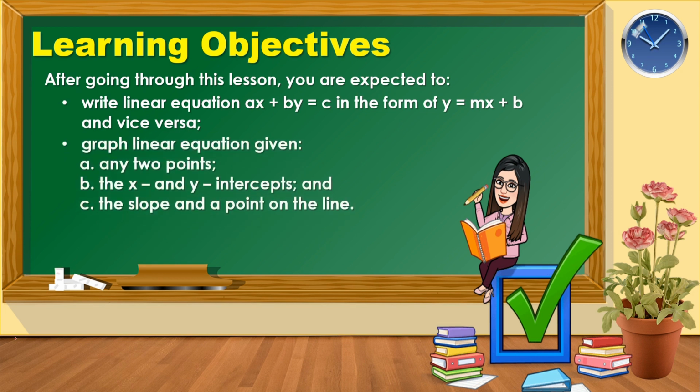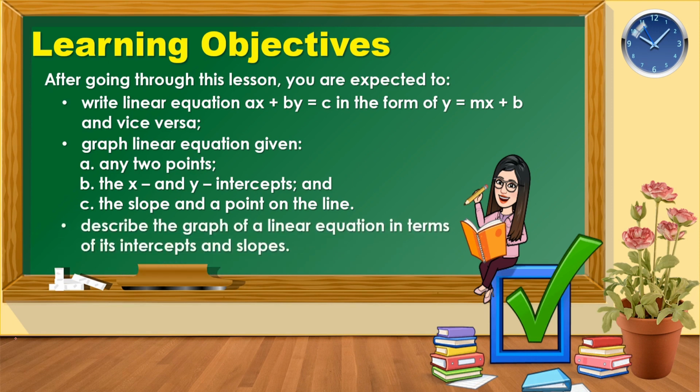Graph linear equation given any 2 points, x and y intercepts, and the slope and a point on the line. And lastly, describe the graph of a linear equation in terms of intercepts and slopes.